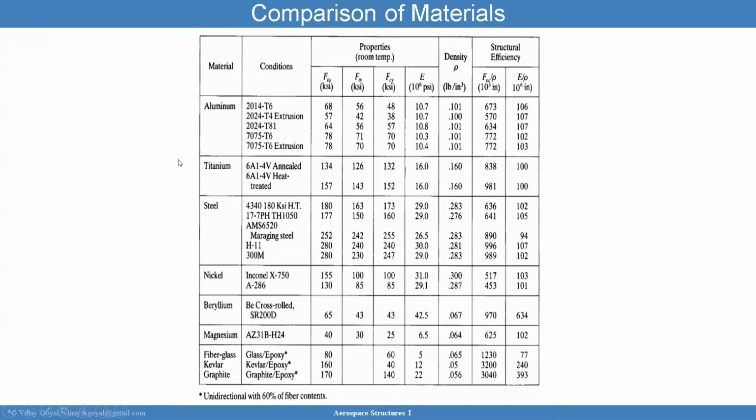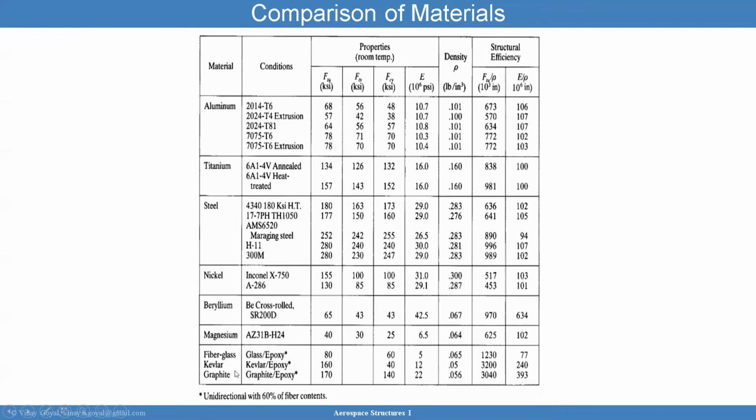Here is an even more comprehensive comparison of materials. And with this, setting the stage, now that you understand the data, here are the materials: aluminum, titanium, steel, nickel, beryllium, magnesium, fiberglass, Kevlar, graphite, and these are your composites right here at the bottom.